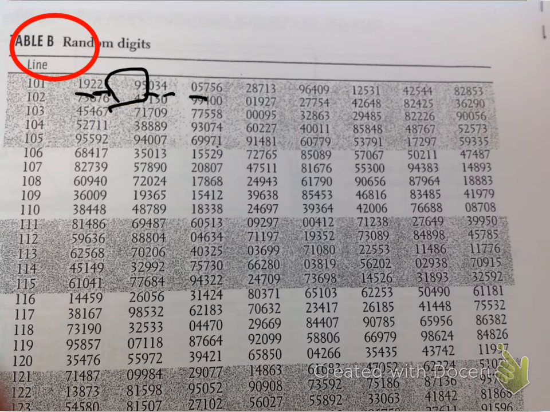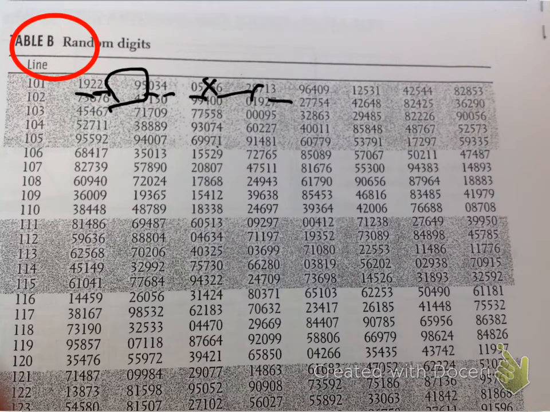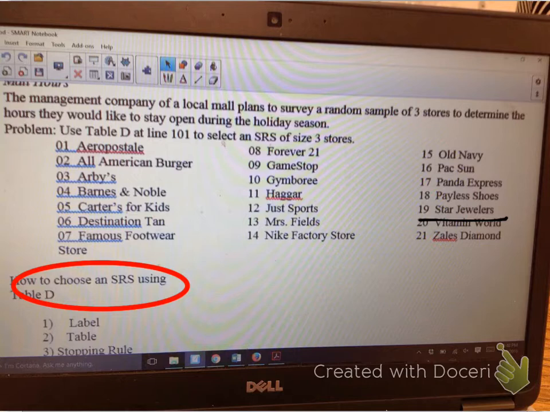There's our next one. 75, no. 62, no. 87, no, but 13. So we go back and say, 05 and 13 are good ones, right? So I would say, okay, also I'm going to do Carter's, and 13 is Mrs. Fields. We have our sample right now.